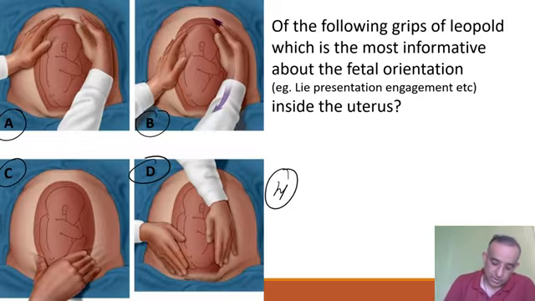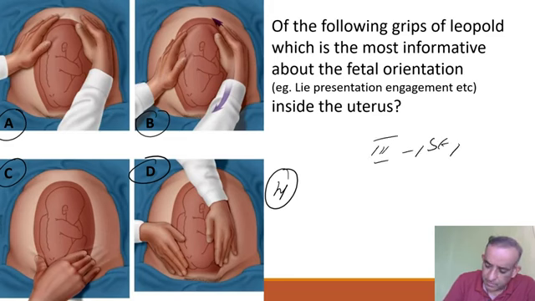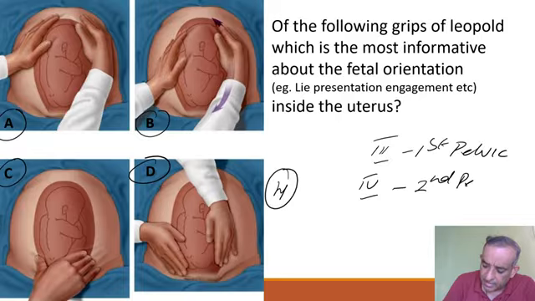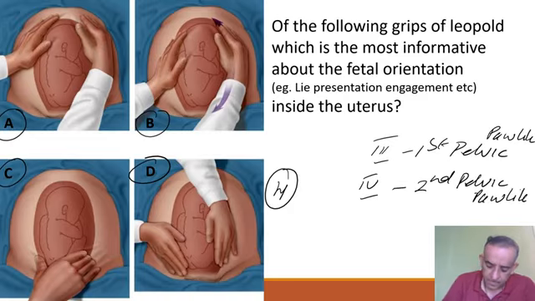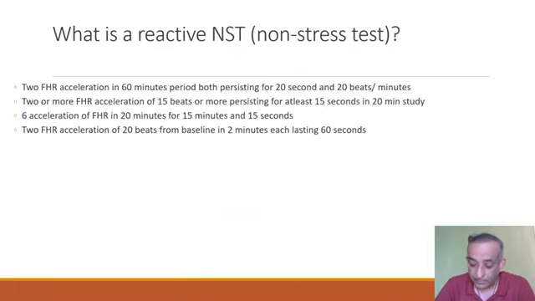The third Leopold grip is also known as the first pelvic grip, and the fourth Leopold maneuver is also known as the second pelvic grip. Pelvic is synonymously called pawlik, so it can be called a pawlik grip also. All right, guys, so no confusions here.